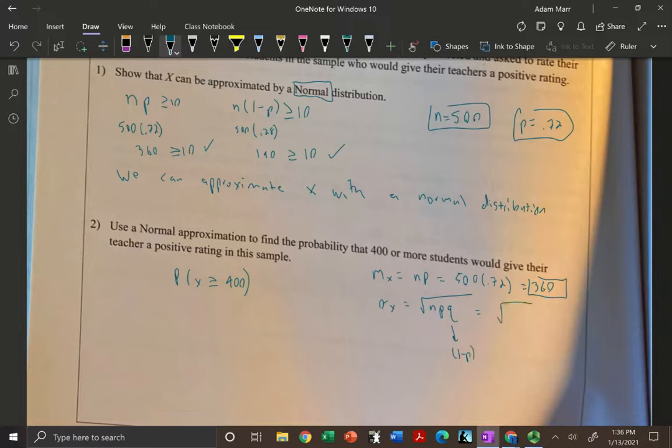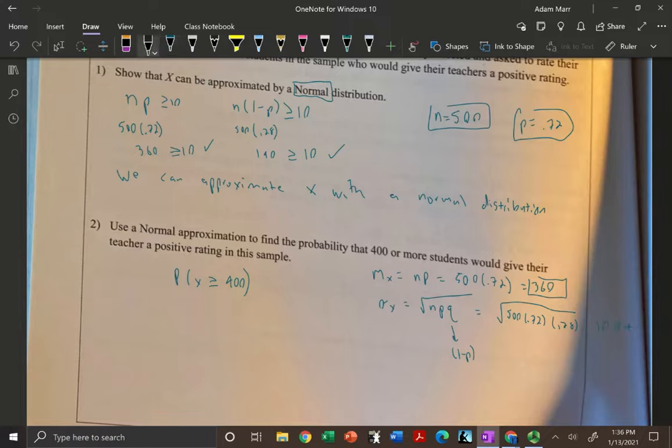N is 500, P is 0.72, and Q is 1 minus 0.72, which is 0.28. When you do that in the calculator, you get 10.04.